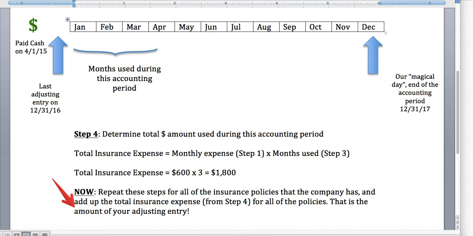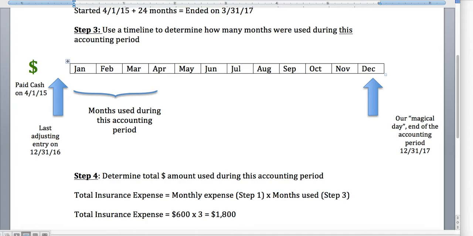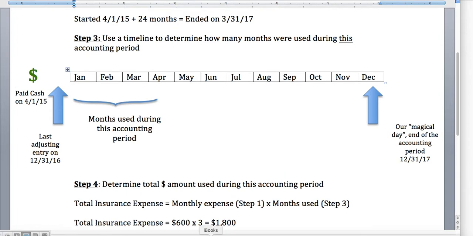Okay, now a few things I want you to keep in mind when you are doing these steps is to note that some of the policies started during the year. I think there's one that started in August. So if the start is August and it goes past that, then your timeline of months used is going to start here and go till the end.